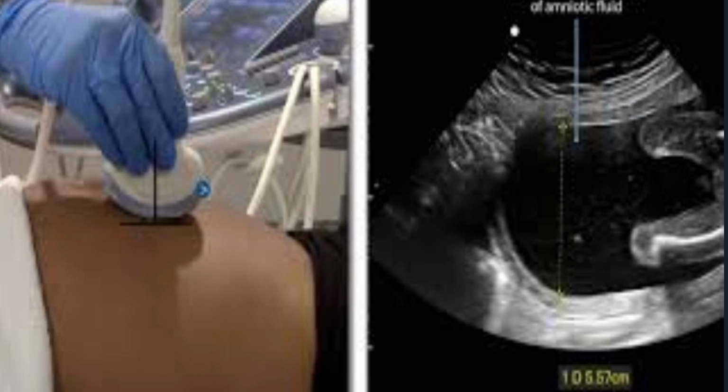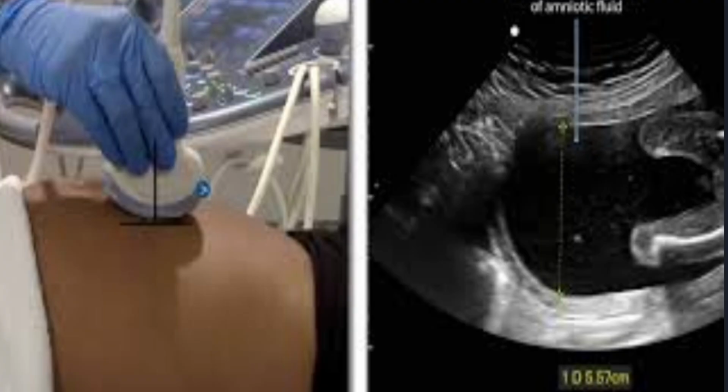Here is an image showing the procedure for amniotic fluid estimation, the single deepest pocket. On the left side of the image, we see the hand of a sonographer with the probe oriented perpendicularly, vertically above on the patient's abdomen.